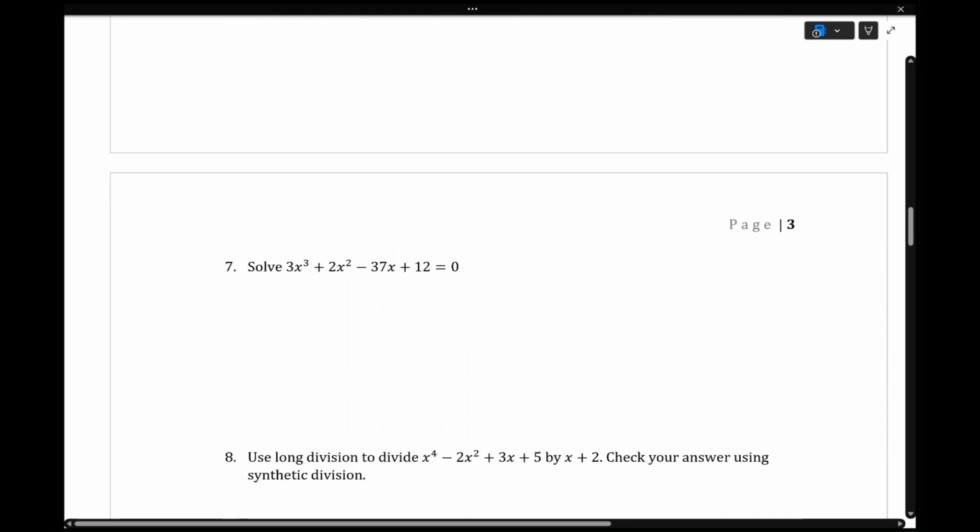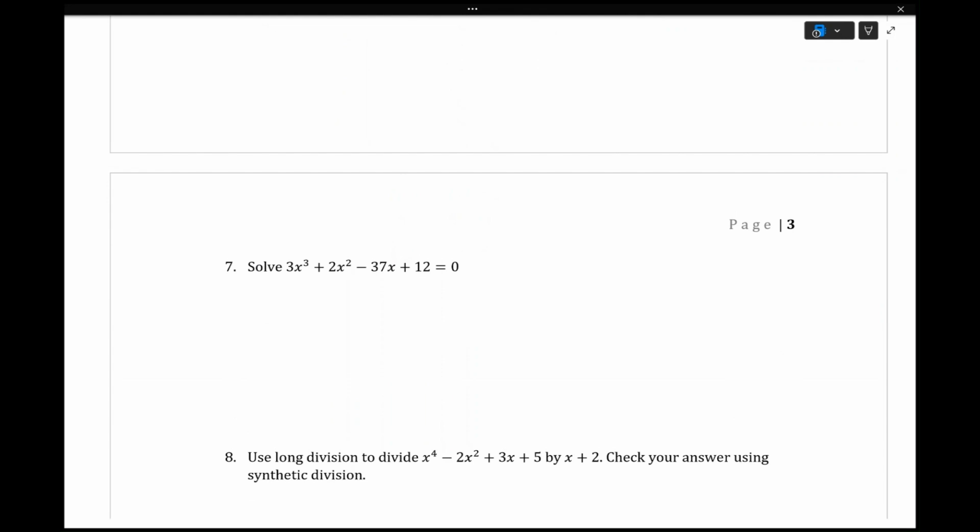Now, to help us do that, let's once again write the possible rational zeros. So it's the factors of 12, plus or minus 1, plus or minus 2, plus or minus 3, plus or minus 4, plus or minus 6, and plus or minus 12, divided by the factors of 3, which are just 1 and 3.